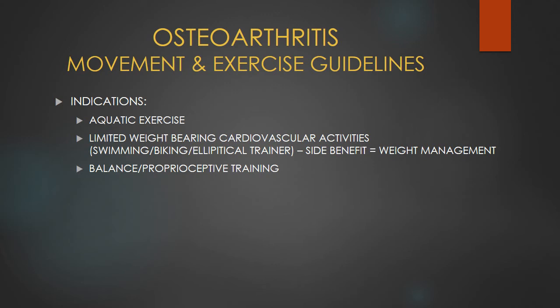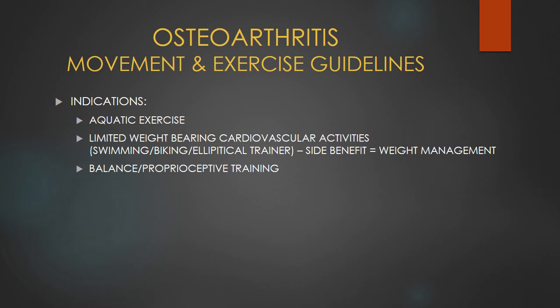So what can we suggest for these types of patients? Well, how about aquatic exercise and other limited loading and limited weight bearing activities such as swimming, such as biking, such as elliptical trainer, and other supported types of exercise apparatus that reduce weight-bearing load on painful joints.